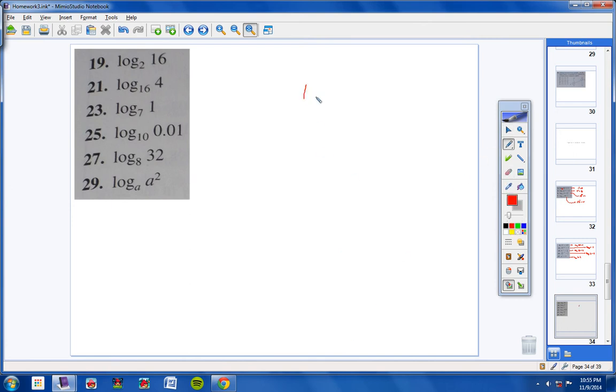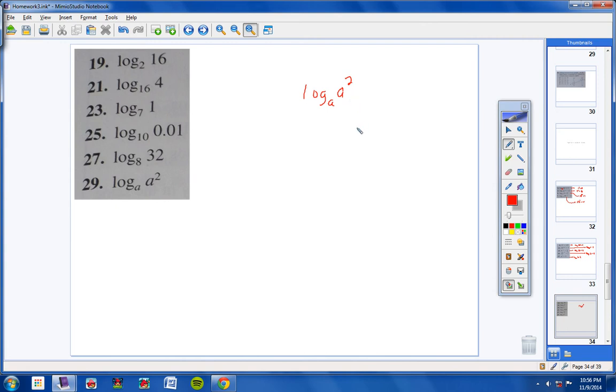Log base a of a squared. Well, guys, I taught you a shortcut on this. I think I told you whenever the base matches the base, the answer is 1, and that's incorrect. I'm sorry, guys.